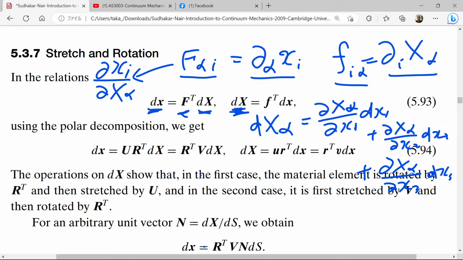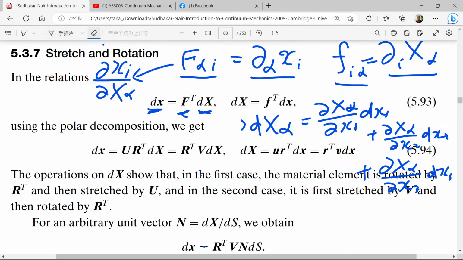This is the same thing as this. So then, if you have all components, you will obtain this compact form. This form and this form.